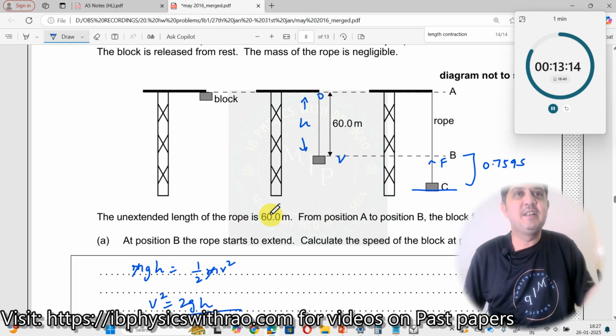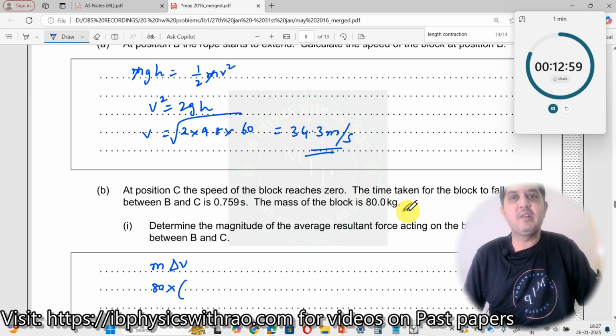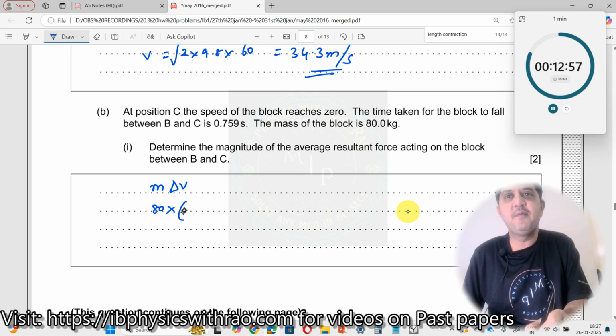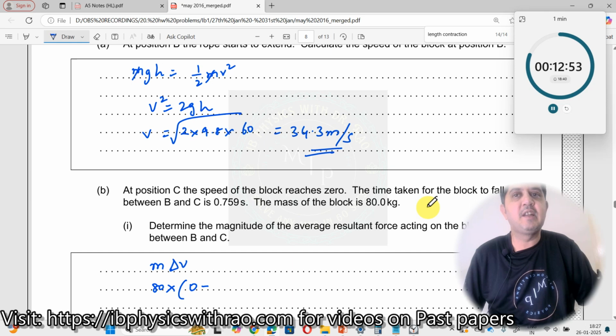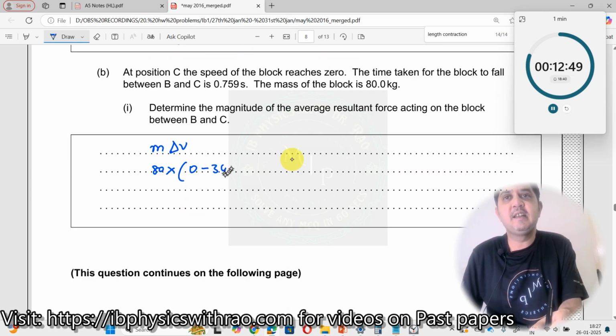What is U here? U here is the velocity at this point. What was this value? We calculated in the earlier problem, 34.3. And this is your V here. V becomes 0 here. So if I do that, this will become V minus U, which will be 0 minus 34.3, and this should be equal to F times delta T. Okay, impulse.